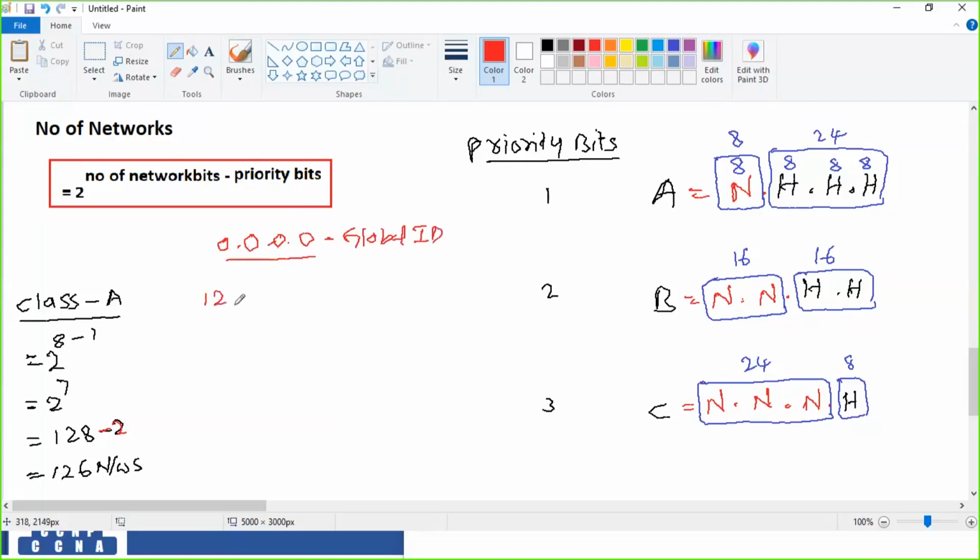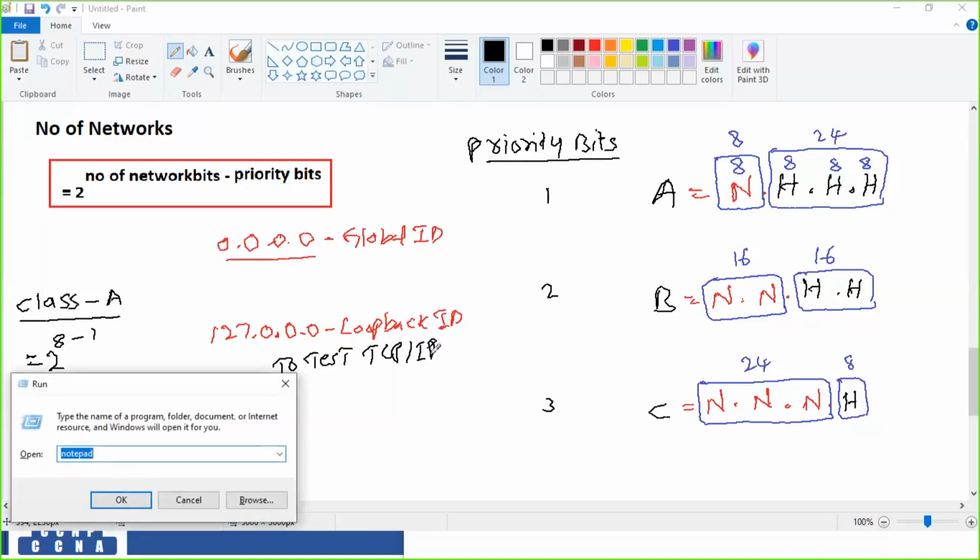Similarly, the 127 network is also minused. We call it loopback ID. The purpose of this loopback ID is to test the TCP/IP stack, whether TCP/IP is working or not.